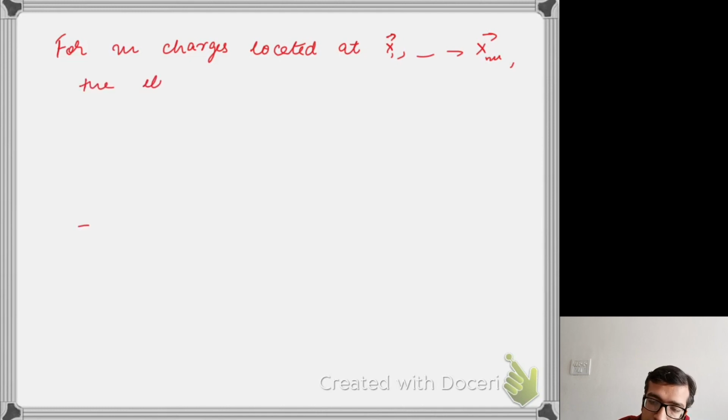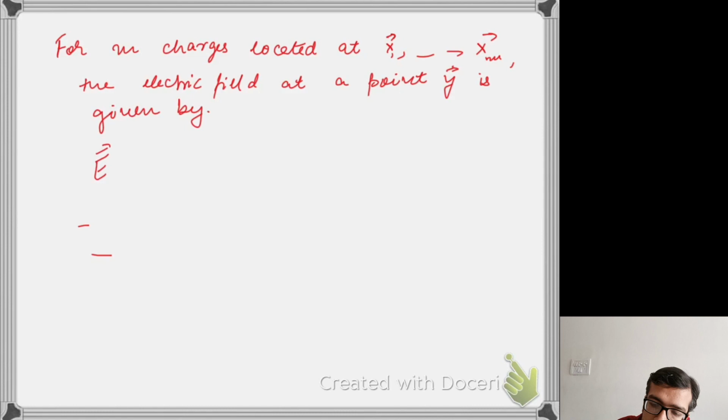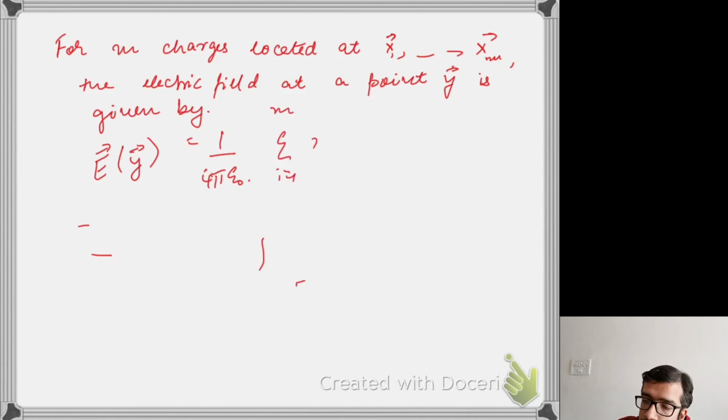So let us say for m charges located at points x1 up to xm, the electric field at a point y is given by 1 over 4 pi epsilon naught, summed over i from 1 to m, qi times (y − xi) over the norm of (y − xi) cubed.